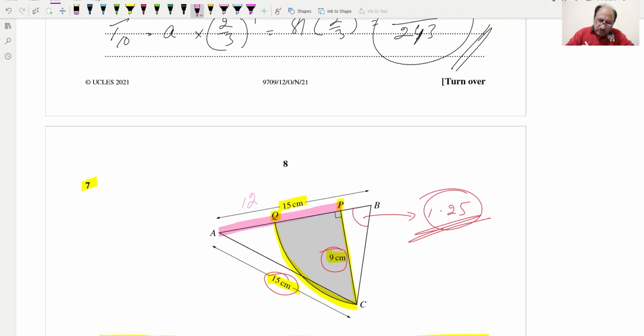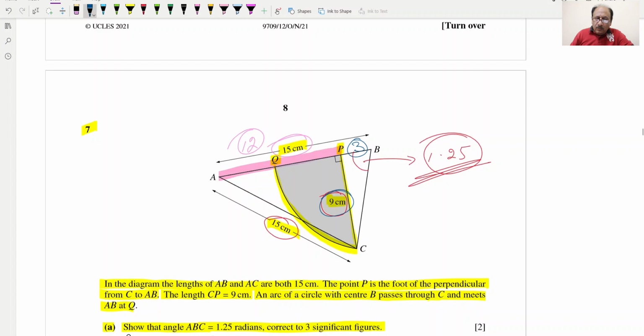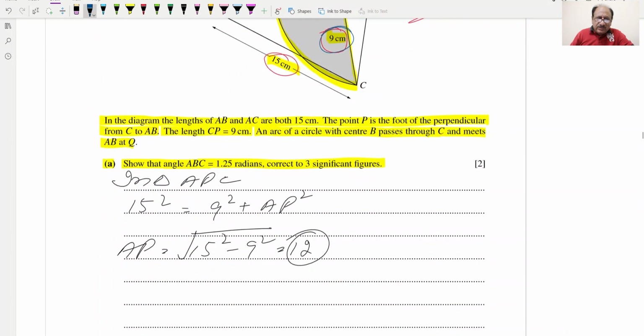So if this is 12, out of 15, the PB length will be 3. So we got PB as 3. We have this side as 9. Now we can find the angle, which will be the PBC angle, or we can say the ABC angle.